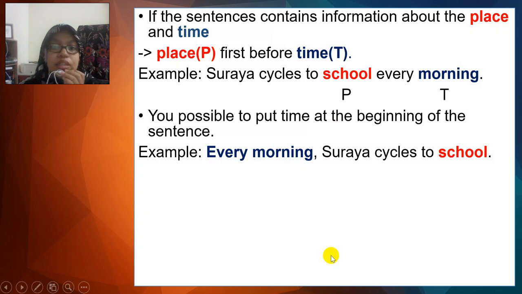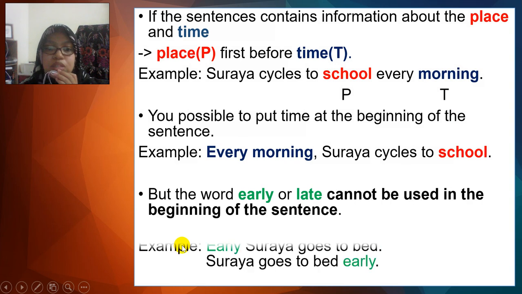The next one is, you must remember, the word early or late, perkataan early dengan late cannot be used in the beginning of the sentence. Tak boleh digunakan di permulaan ayat. Contohnya early Suraya goes to bed. Tak boleh, salah.